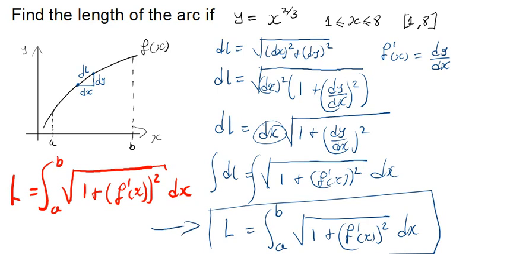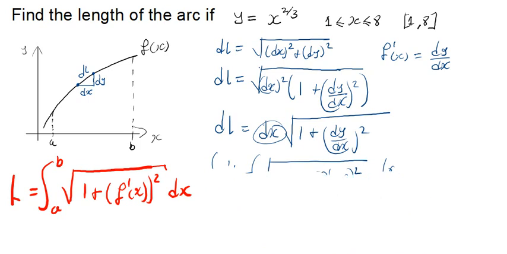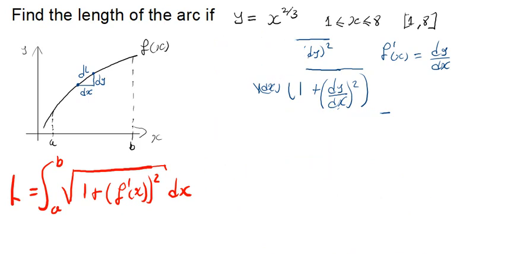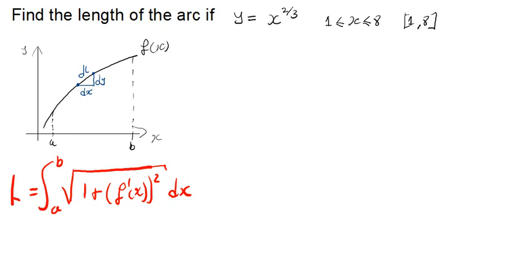So now let's use this to determine the arc length of that given function. We are already given the interval. We are told that L, which is what you're looking for, is from 1 to 8. So that would be the integral of 1 plus, and I have to differentiate this.